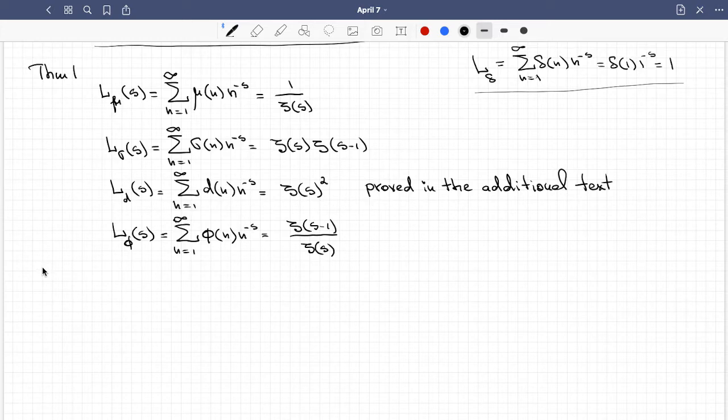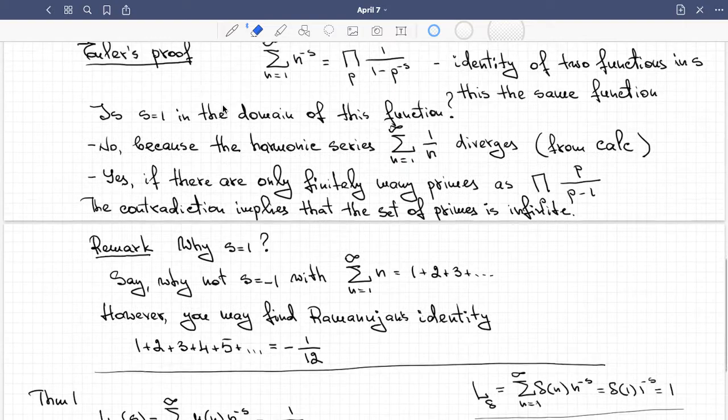Let me start with an easy thing, mu. Or before even I start any proofs, I want to say that all these proofs, all these facts are proved using the Euler product.